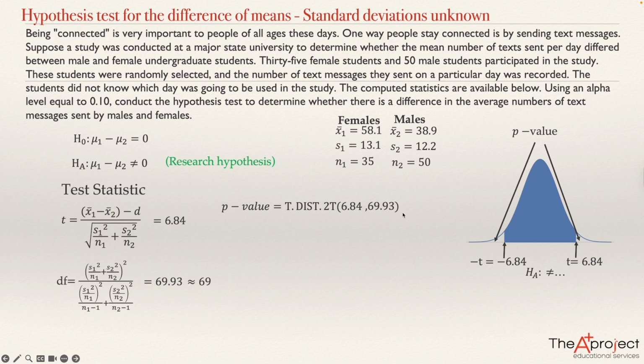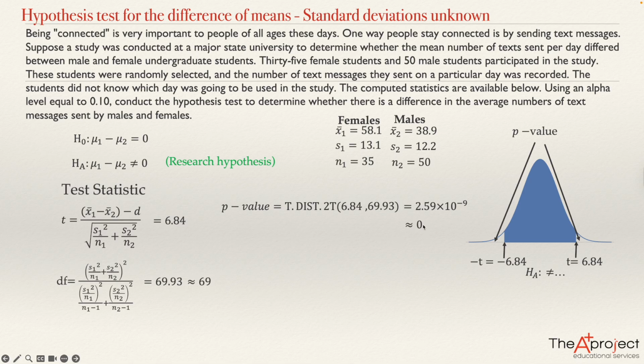Press enter and you can get the answer. So the p-value is 2.59 times 10 to the power negative 9. You can find this in Excel, and that means that it's almost zero. It's very small. It's obviously smaller than the level of significance we are using, 0.10.